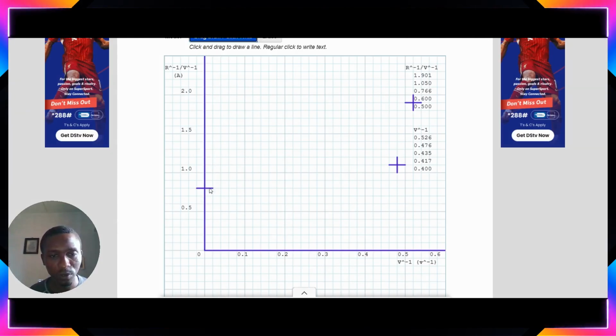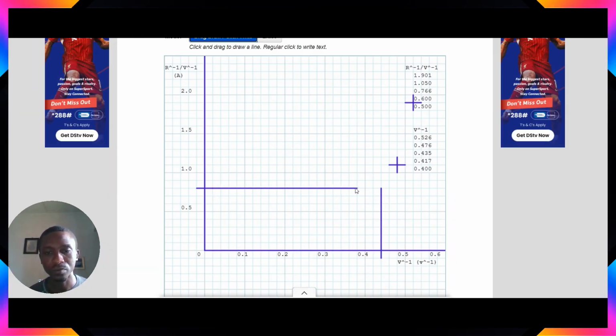Here is 0.8. The corresponding value of the voltage at that moment is 0.43, which can be approximated as 0.44. And you have 0.44 here. So we are going up like this and going like this. So here we have our point. Good.